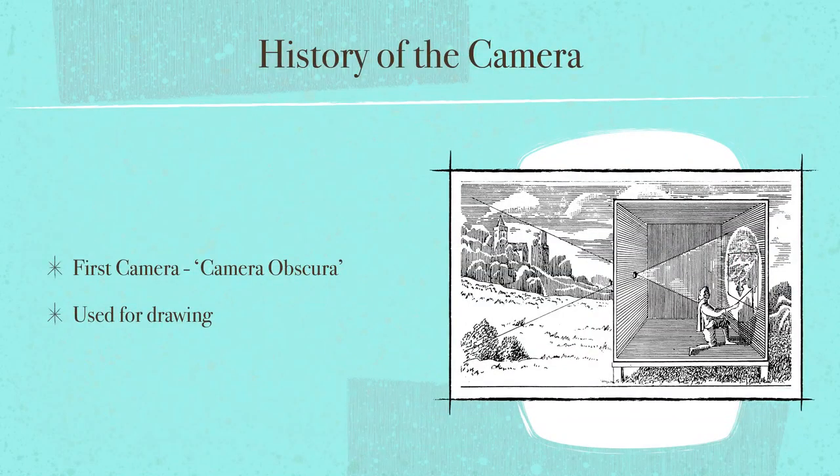So, the very first cameras were invented in the 1700s, and the first camera was called camera obscura, and it was actually used for drawing, and it's not like any of the cameras that we know today.